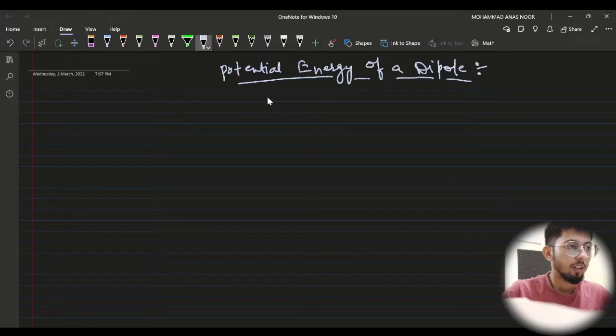So if we assume a dipole, plus q and minus q, is placed in a uniform electric field.